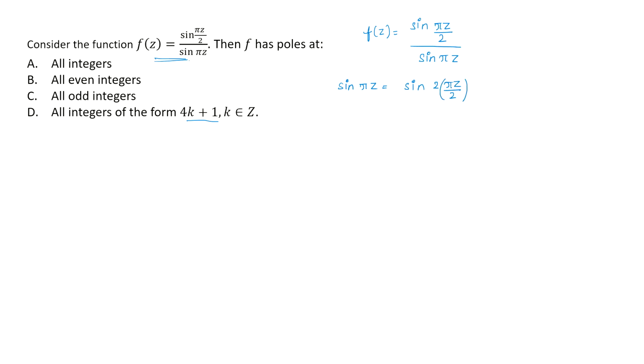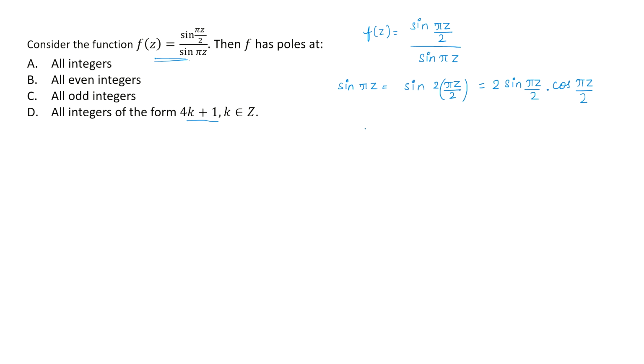I can write my denominator sin(πz) as sin(2 · πz/2). So this is basically of the form sin 2θ, and we know that sin 2θ is 2 sin θ cos θ. So this becomes 2 sin(πz/2) cos(πz/2).